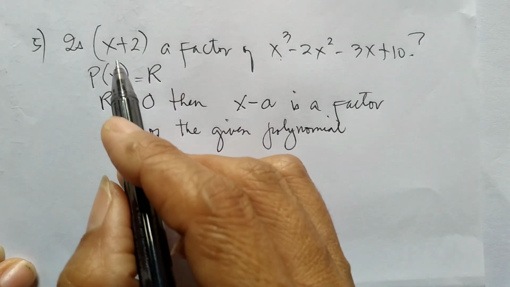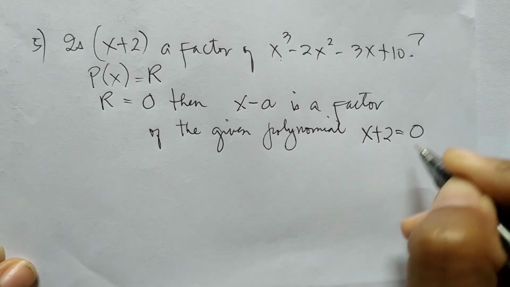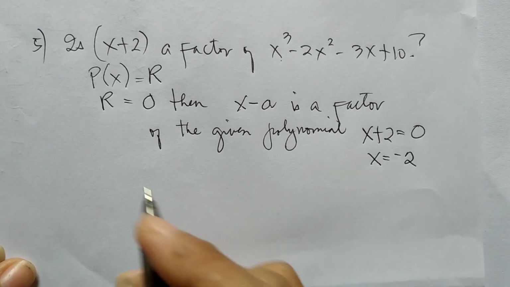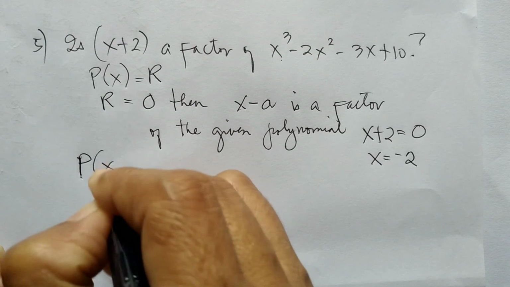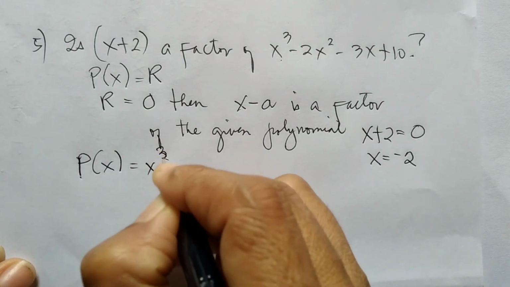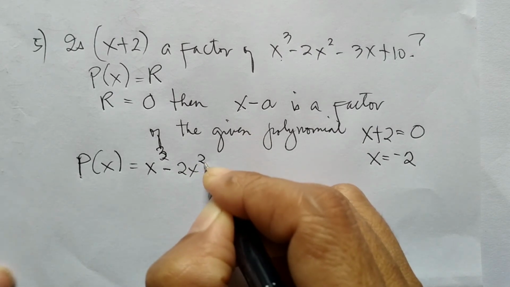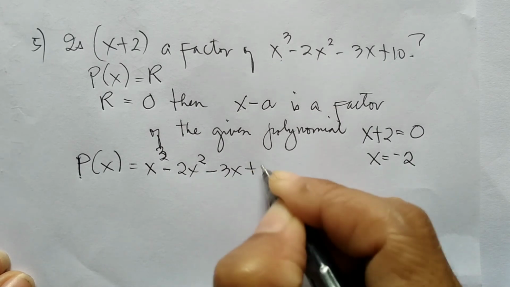But how did we get negative 2? So we have x plus 2 that is equal to 0, x is equal to negative 2. So let us check if p of x is equal to x cubed minus 2x squared minus 3x plus 10.